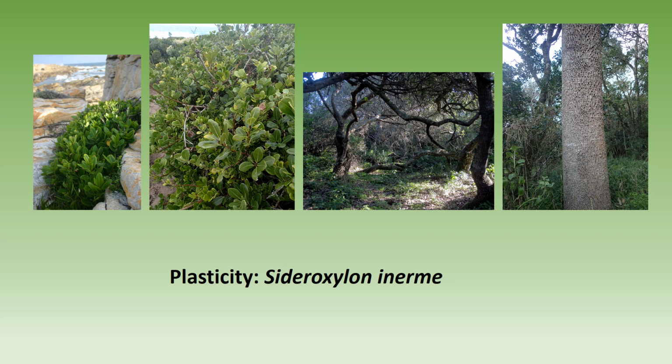For example, Sideroxylon inerme, the white milkwood, can grow as a very small shrub on the coast where it's subject to fierce salt-laden winds. It can form a hedge with other species in xeric thicket and in post-fire successional mesic thicket.